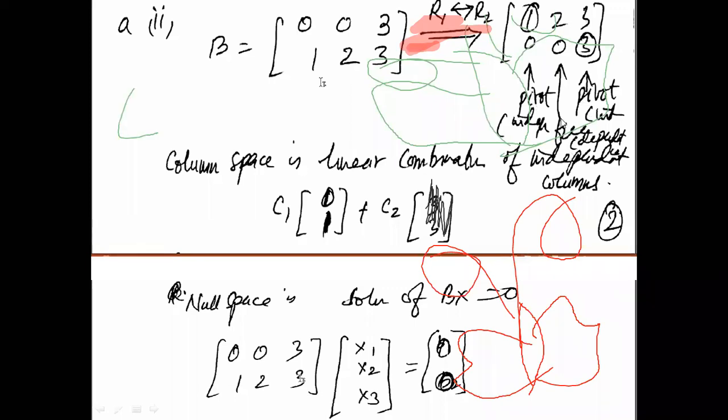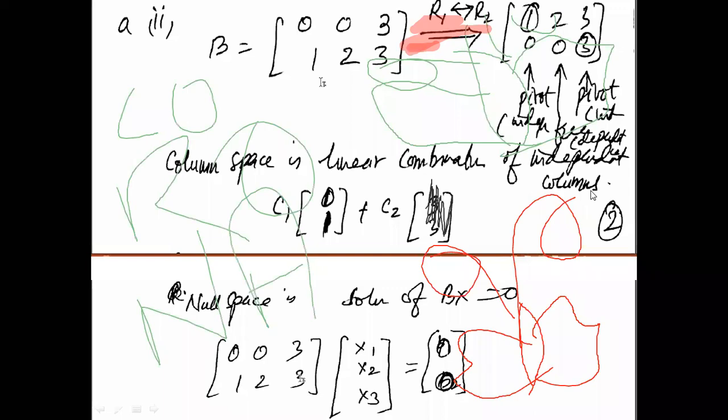and therefore we can see that the column space is a linear combination of independent columns. Okay.